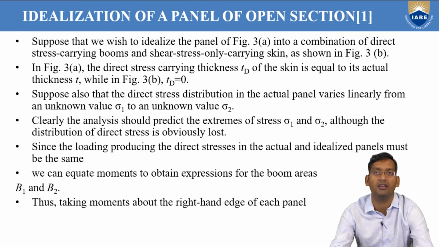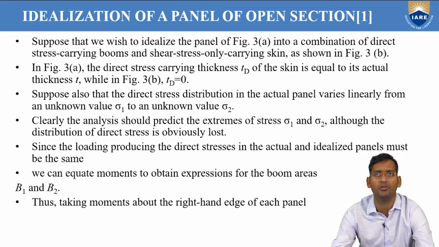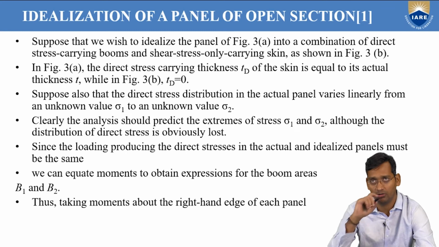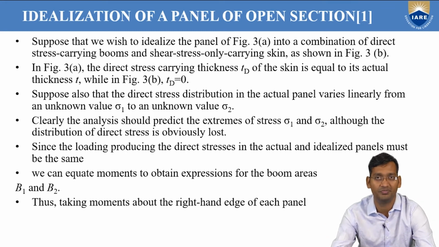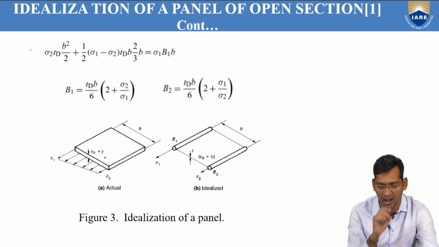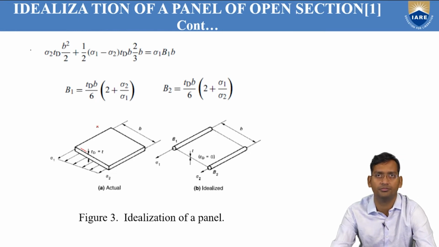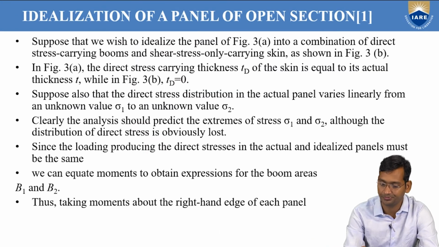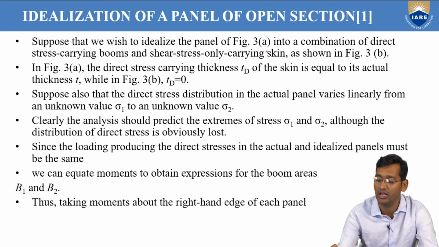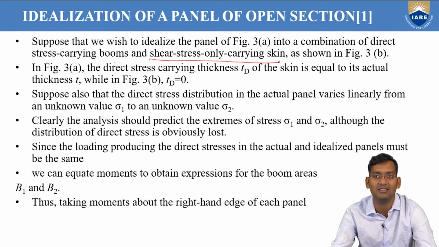Now idealization, which is important, just like what we saw earlier. Idealization of a closed panel of open section: suppose we wish to idealize the panel of figure 3A into a combination of direct stress carrying booms and a skin carrying only shear stress.